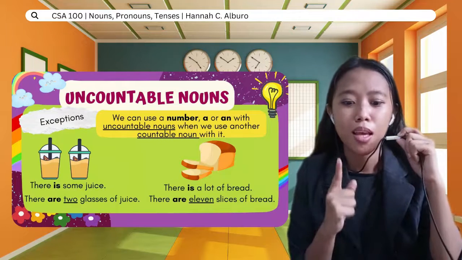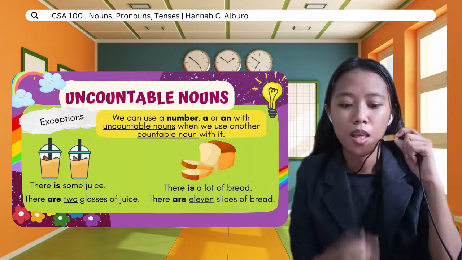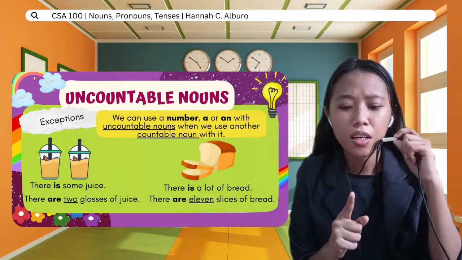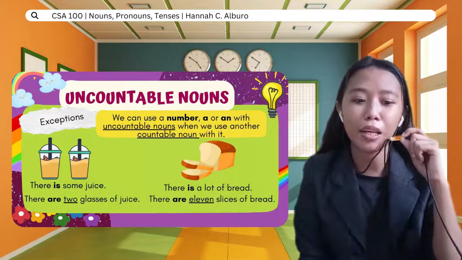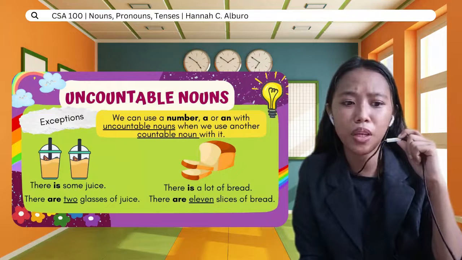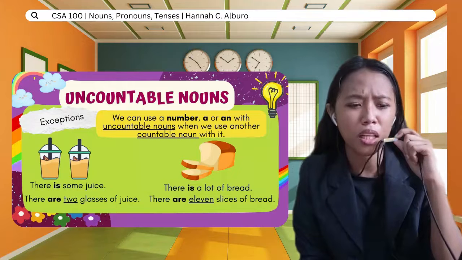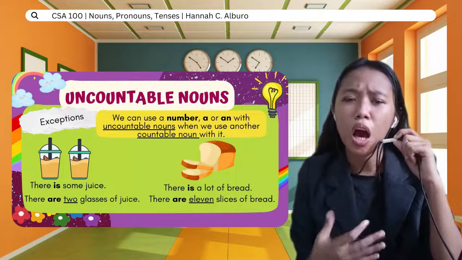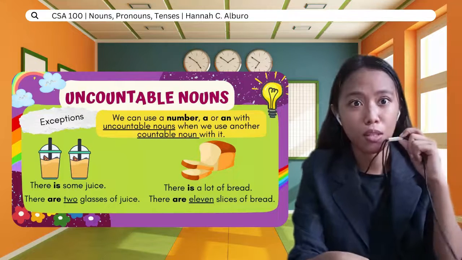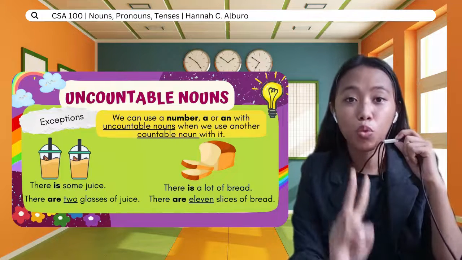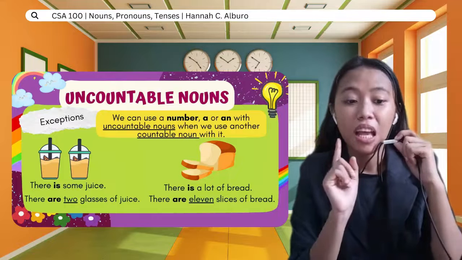This is the clear presentation of the idea presented in this slide, in which it says that we can use a number, a or an with uncountable nouns when we use another countable noun with it. Now, there are 2 glasses of juice. 2 glasses, no?